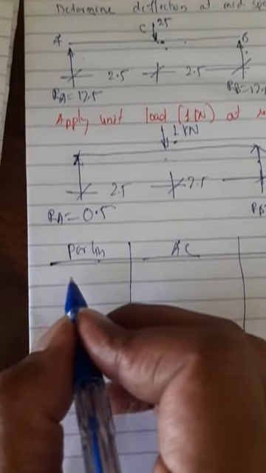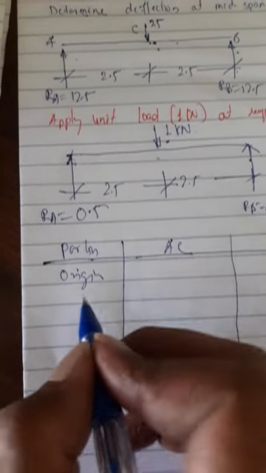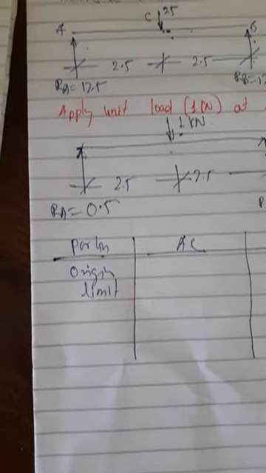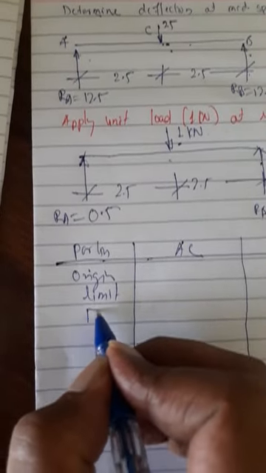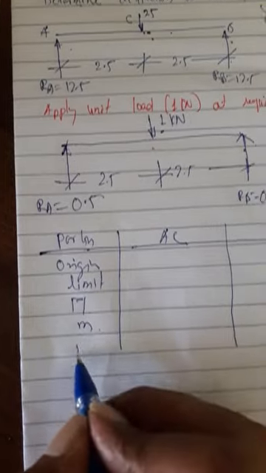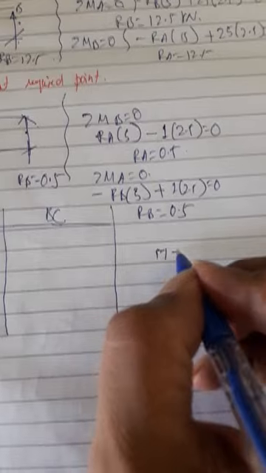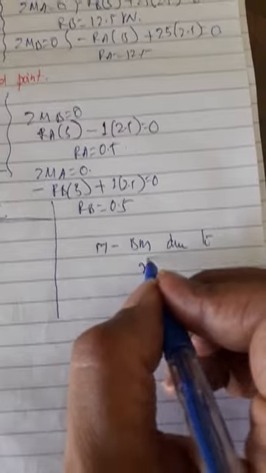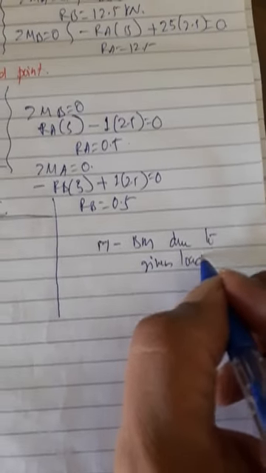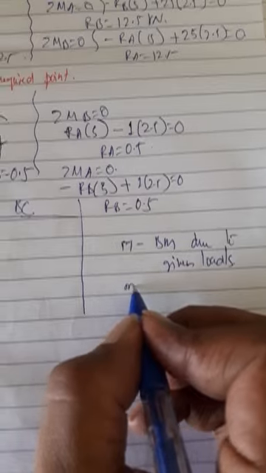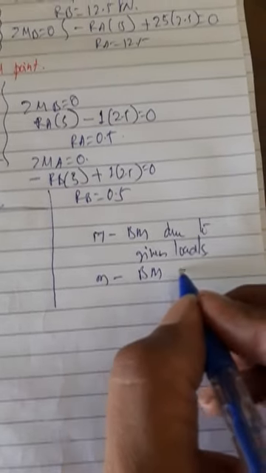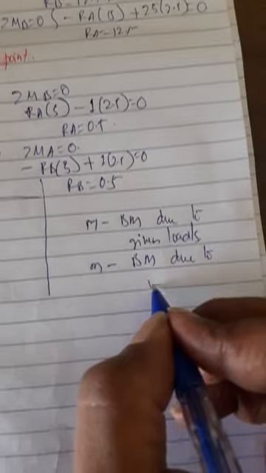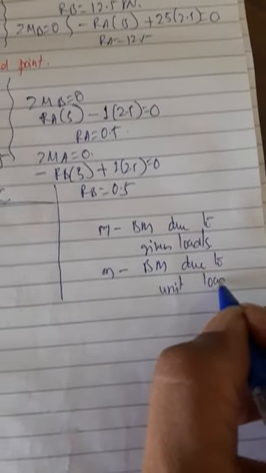Columns are origin, limit, capital M values, small m values, EI values. Capital M is the bending moment due to given loads. Small m is the bending moment due to the unit load.